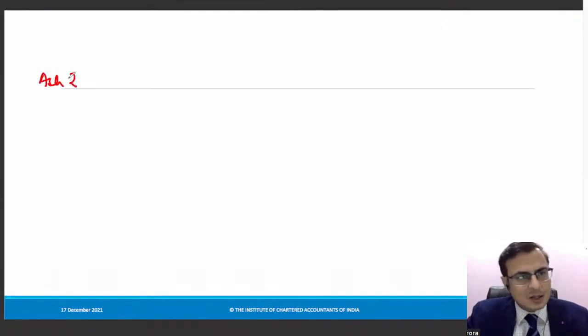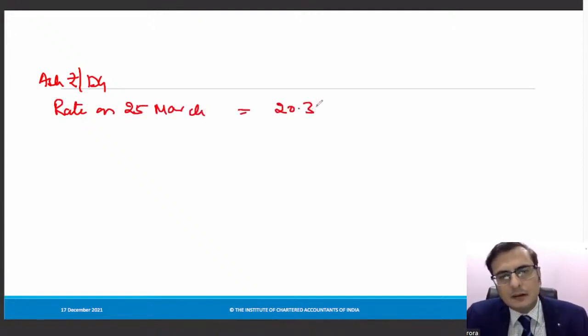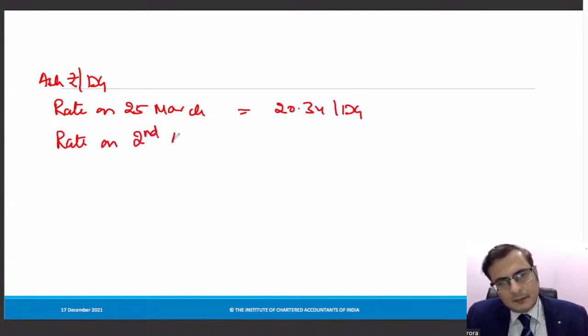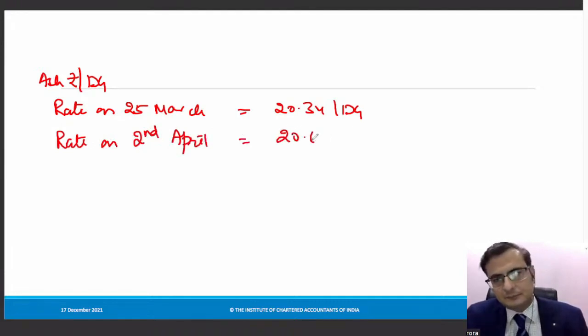So I need ask rupee by DG. 25th March was there, right? 20.61. So the customer is again at a loss.